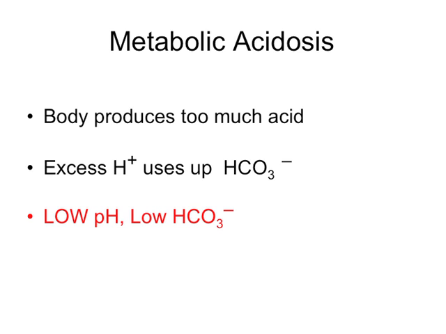Now, there are conditions in the body where too much acid is made. And these conditions are lumped together in this term, metabolic acidosis. So, for example, if you are a poorly controlled diabetic, you can develop excess acidity in your blood.